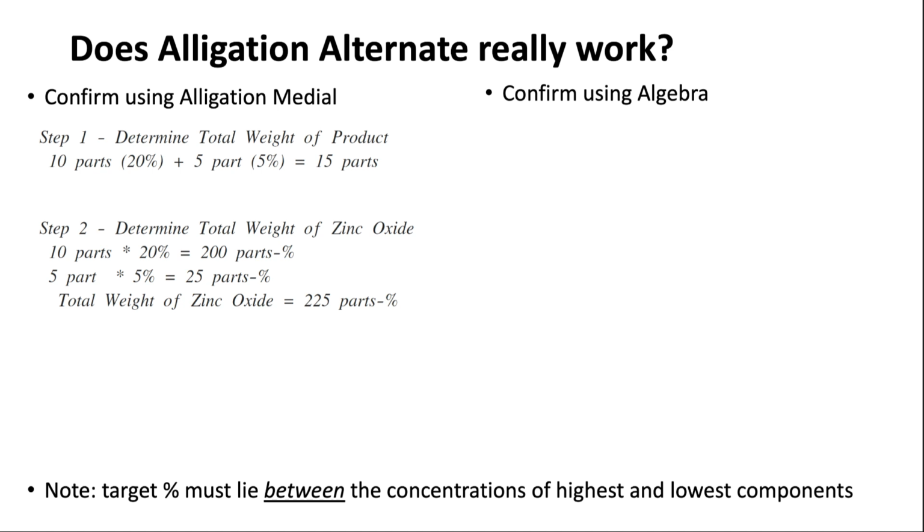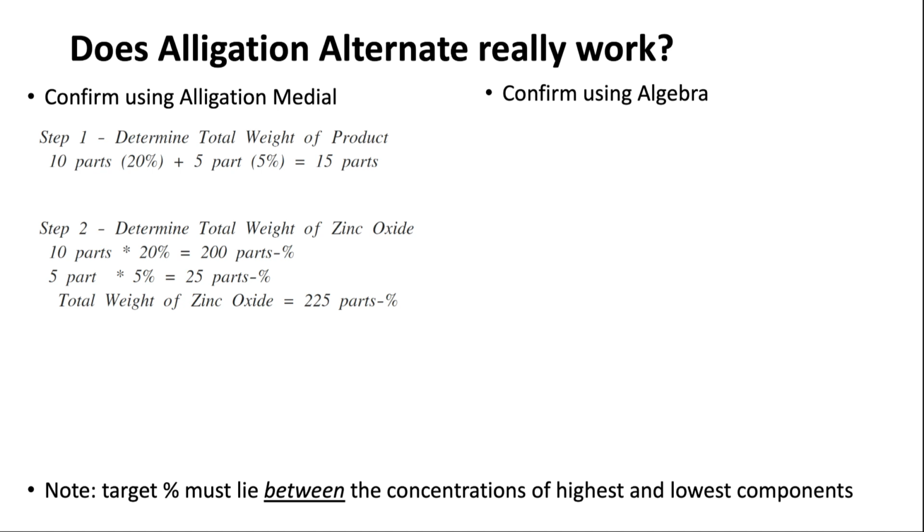So this is again where students don't like this idea, because we don't have units that will cancel. Since our weights are in parts, we can't cancel our percent concentrations, but we can combine them. We'll just keep the units. So let's just start with our 20%. We said that we were going to have 10 parts of our total weight be 20%. So 10 parts times 20% is 10 times 20, so that's 200.